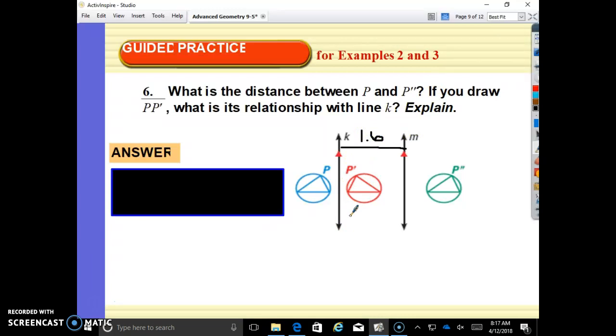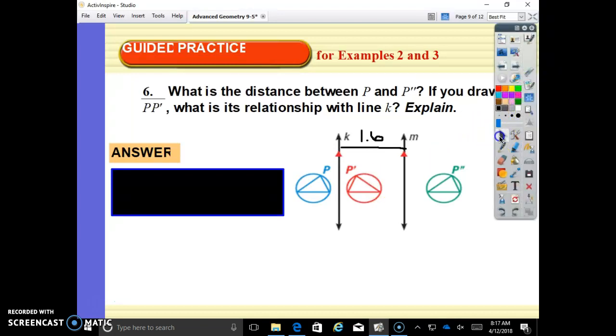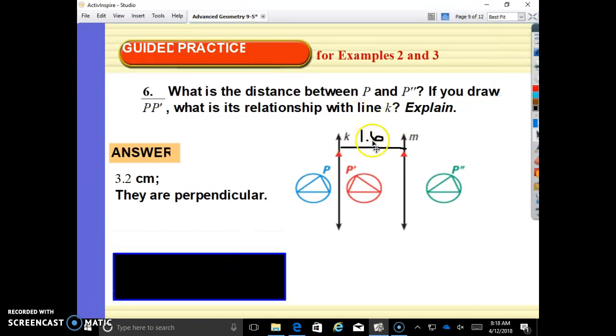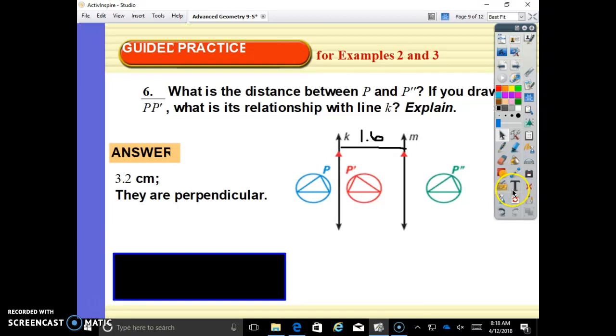What do y'all think? Anybody? You just double it. 1.6 times 2. Because you're reflecting and then reflecting again, so it's going to be a total of 3.2. Just double it. They're perpendicular.